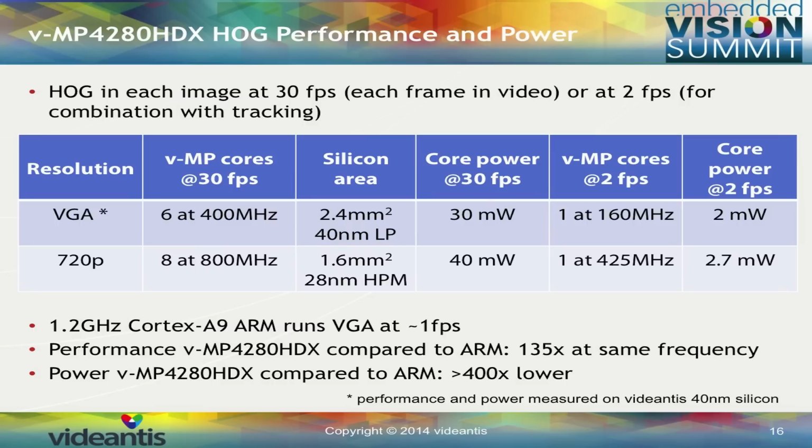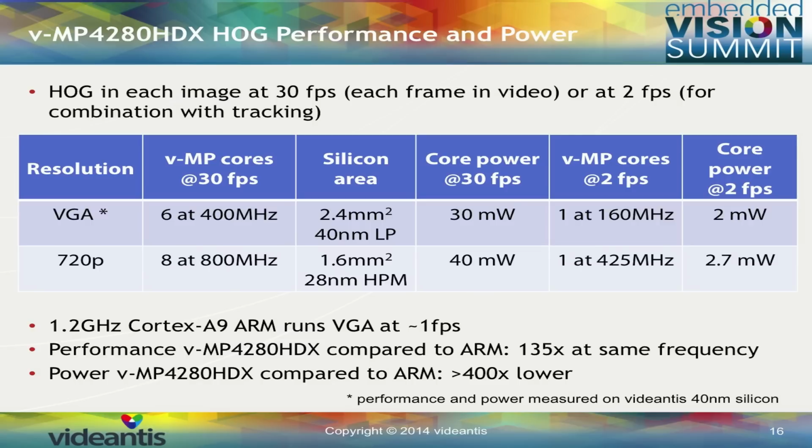Now let's look at performance. If you look at the HOG, and we have it implemented in silicon at our booth, when you run it on VGA resolution, we need about six of our cores at 400 megahertz.